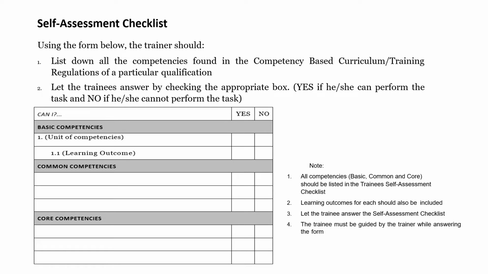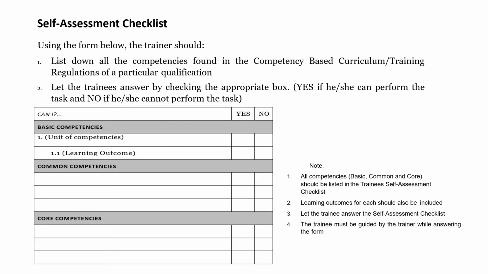Take note, in listing all the competencies in this form, you will notice in your training regulation that for every qualification, we have what we call basic, common, and core competencies. You need to open your training regulation and look for the course outline or structure. You will notice there that it is divided into three major competencies: basic, common, and core.